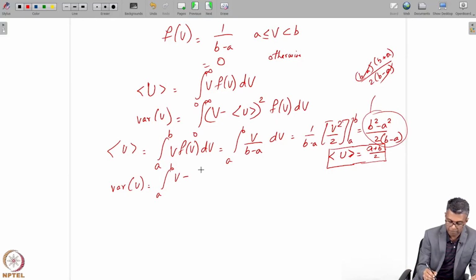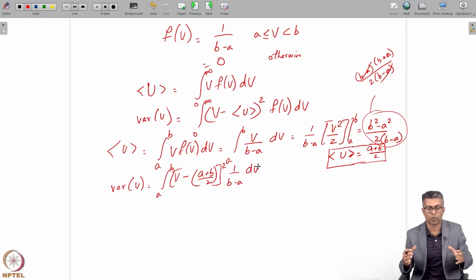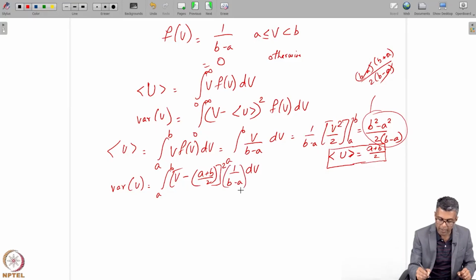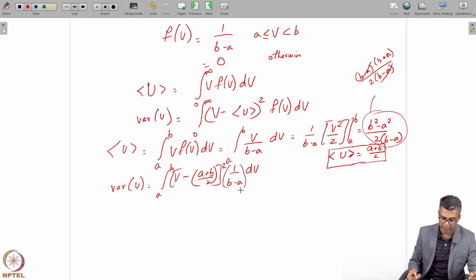So that would be (v − (a + b)/2), correct? And this thing squared, then f(v), so 1/(b − a) dv. Is that clear? So I have (v − (a + b)/2) squared times 1/(b − a) dv. Now I have to integrate this.